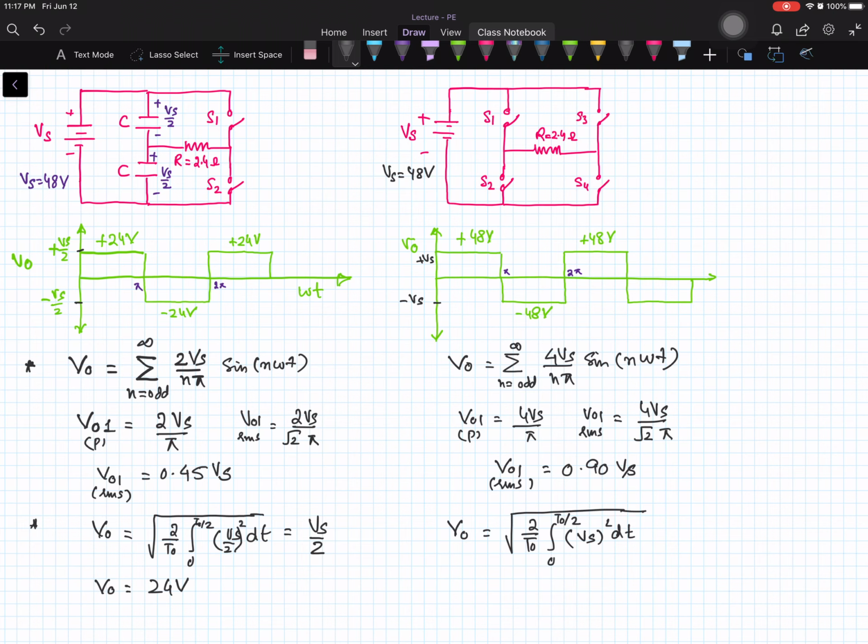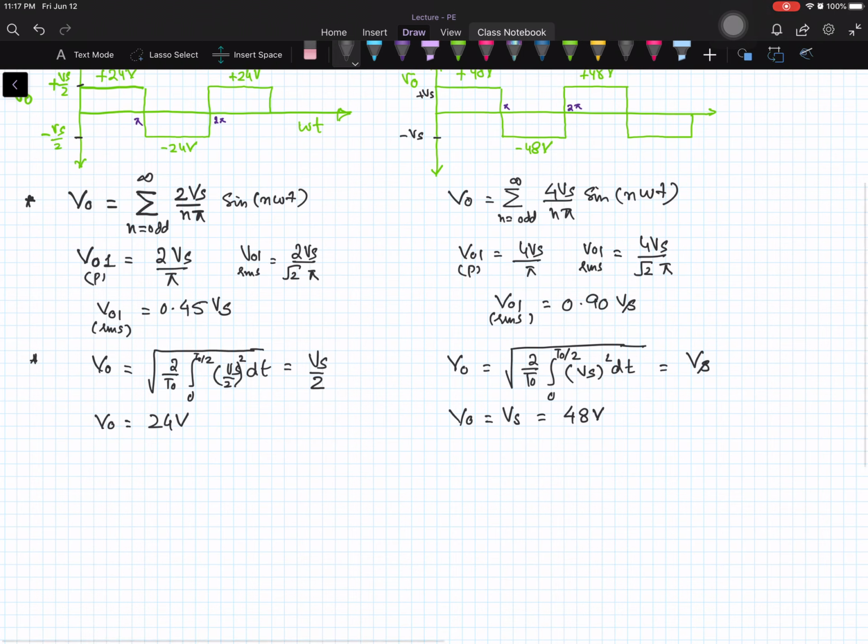Okay, so simplifying this one, we will get Vs. So output voltage in the case of full bridge inverter is equal to the peak value of your square waveform, that is 48 volt. So output voltage is double in the case of the full bridge inverter.